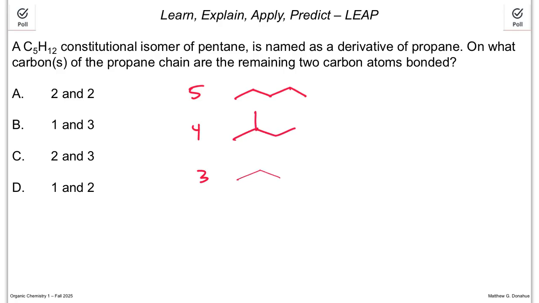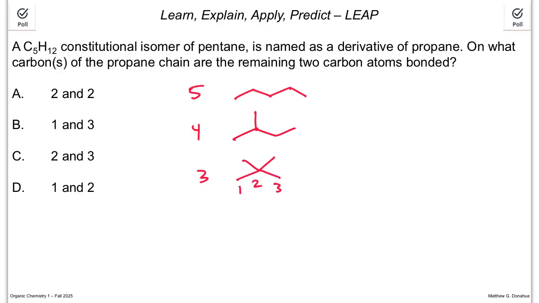So we did pentane, 2-methylbutane, and now there's one more that's a derivative of propane, meaning we have 2 carbons to put in. So where should we put those carbons? So we have to put them both on the 2 position.